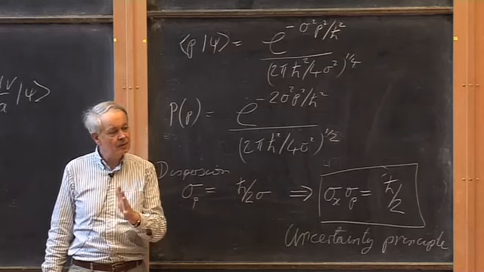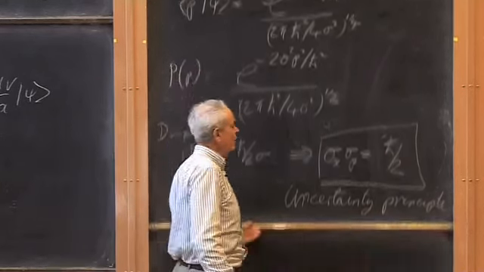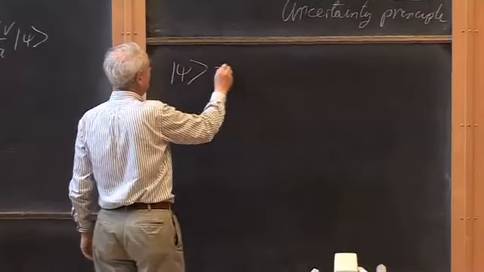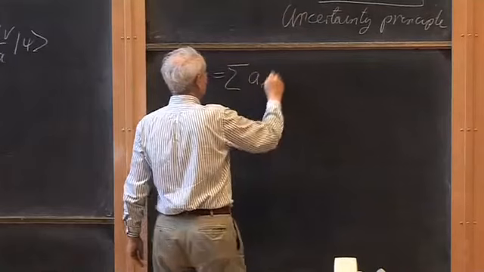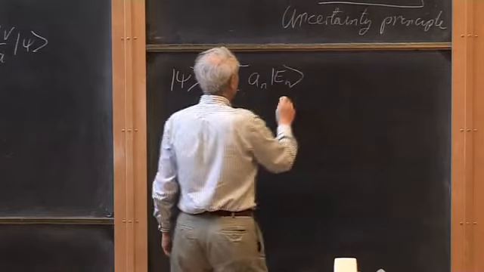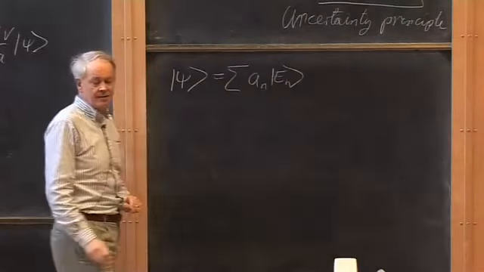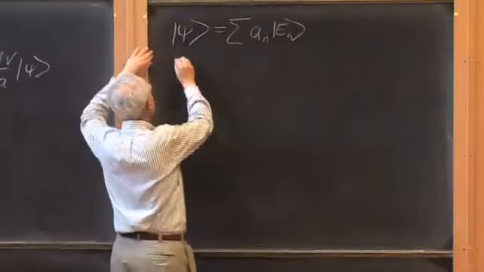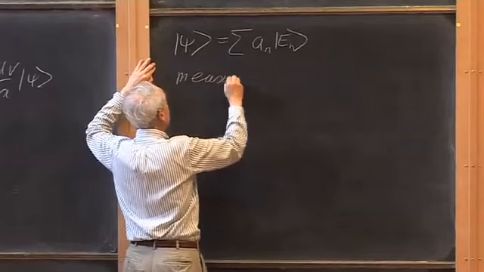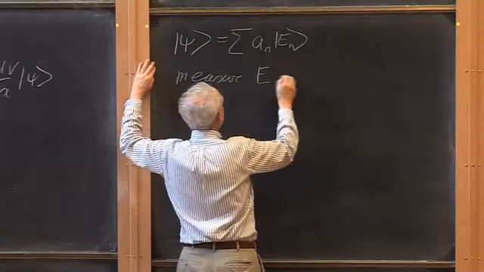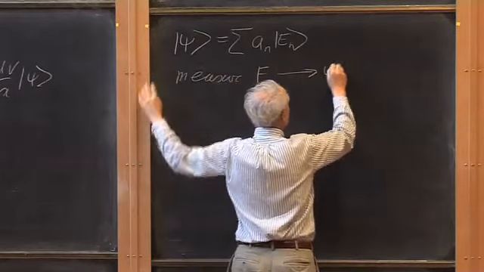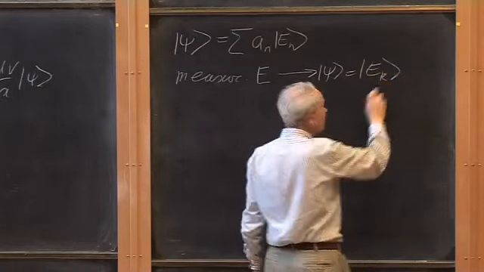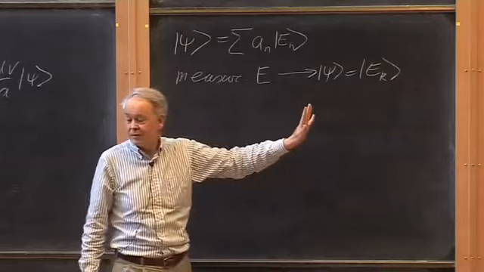You make a measurement. So remember the basic dogma. Let's go back to the discrete case because it's simpler. My wave function is some sum of a_n e_n, a linear combination of stationary states. This is a well-defined wave function. If I measure the energy, then this collapses to psi equal to e_k for some k, and which k is in the lap of the gods.